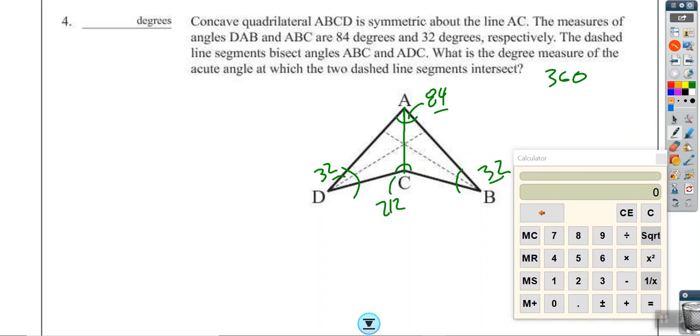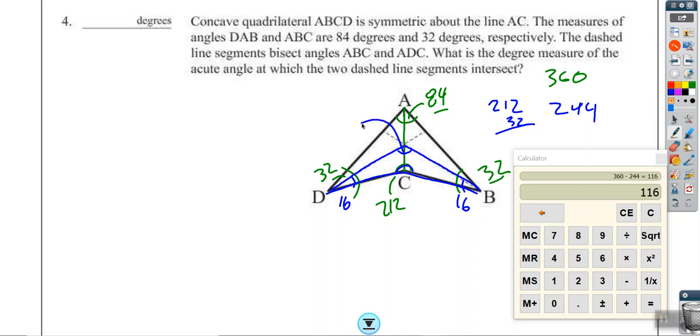All right, so now I'm going to shift my focus to this quadrilateral right here. So I know this is 16, I know this is 16, I know this is 212. So that is 212 plus 32, so that gives me 244. So 360 minus 244, that's 116.